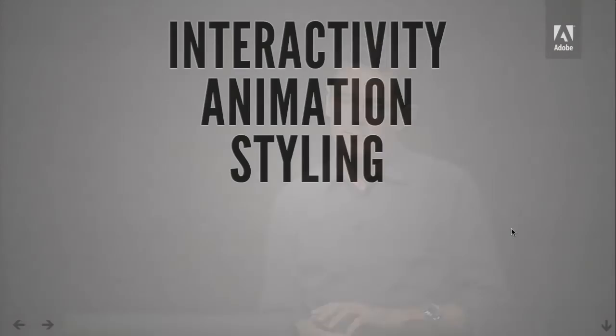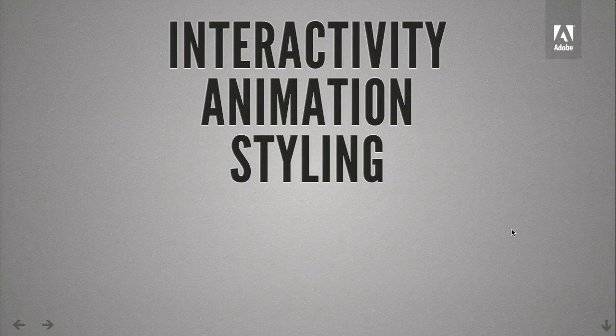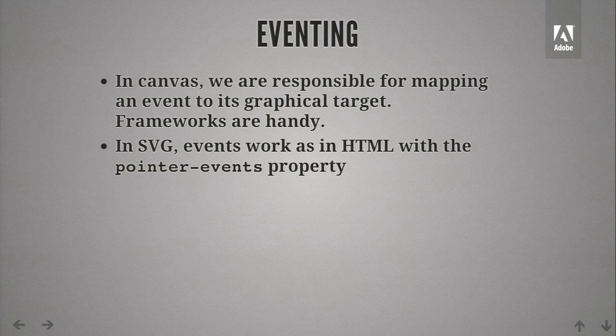Now, I'm going to talk a little bit about interactivity, animations, and styling as they relate to 2D graphics. The reason I'm talking about this is because even though this is not exactly rendering, this usually comes along with 2D graphics. So eventing in Canvas: since what you have is this big array of pixels, when it comes to events, you will get an event for your canvas, but you're pretty much on your own from there.